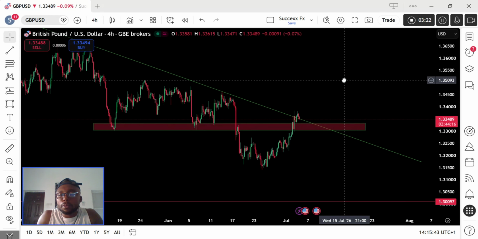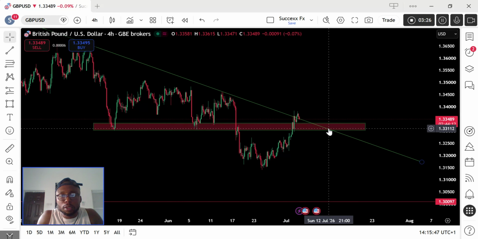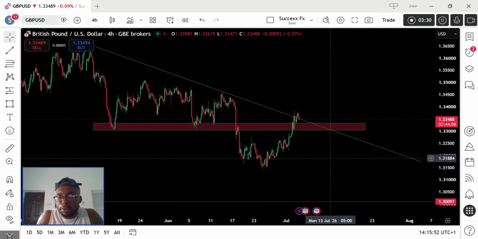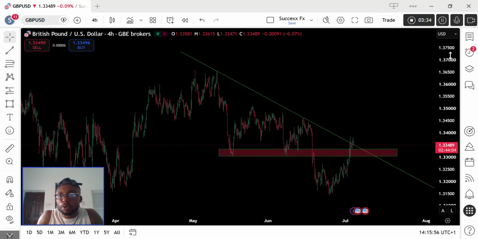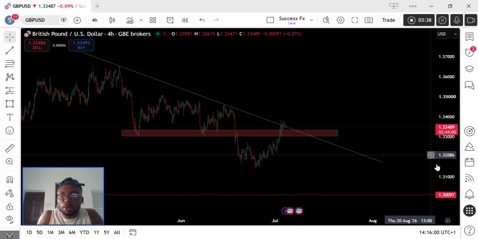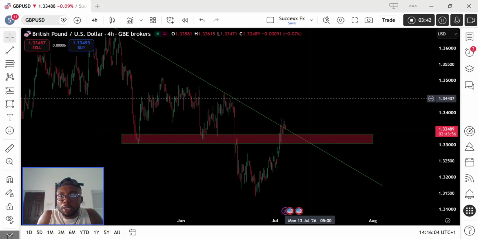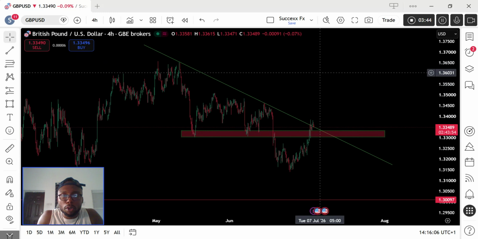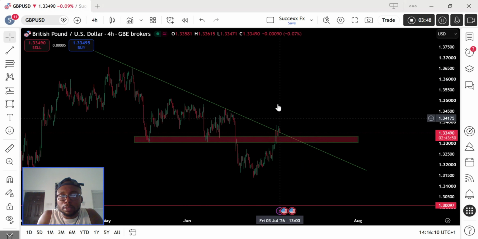So price can as well just come break this place from a certain sell pattern, and boom, it starts to go down. So this is a critical spot, and we have to be very careful. But so far, so good. Based on my analysis, I am anticipating a buy now. I'm no longer anticipating a sell because of the patterns that are forming here.